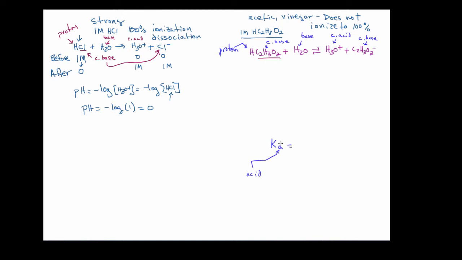The equilibrium constant will be equal to an expression like the other equilibrium reactions that we've looked at, which is essentially going to be the products divided by the reactants. So it'll be the concentration of H3O+ times the concentration of the anion, divided by the concentration of the acid.